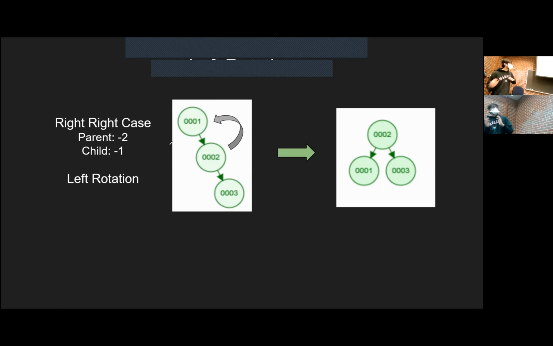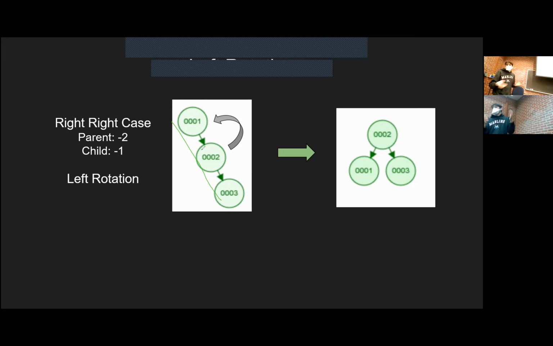The way we fix a right imbalance is we do a left rotation. You can see with this gray arrow here what that looks like. We rotate left around the one in the middle. You can think of it as if you have 3 balls and a piece of yarn, and they're in order like this, and you pick up the middle one, the other 2 kind of fall into place.